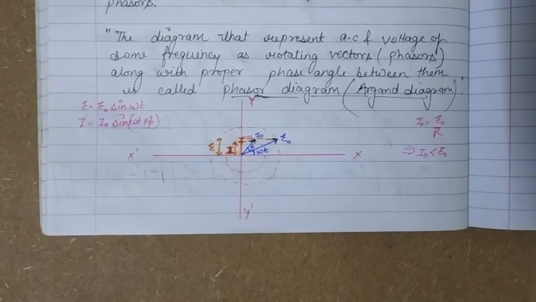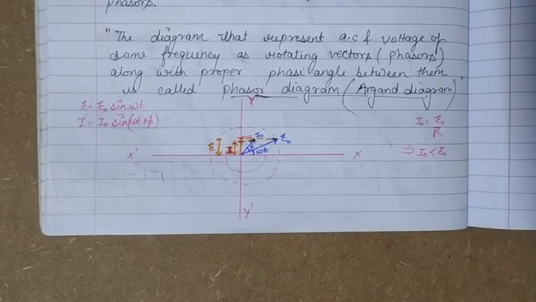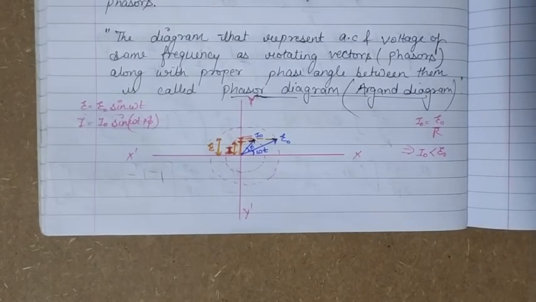This is how a phasor diagram works. So we can explain the instantaneous value, the peak value, angular displacement and angular frequency by using a phasor diagram. We can easily tell in which case current is leading voltage or current is lagging behind the voltage, and this we are going to use practically while using circuits with an AC source.